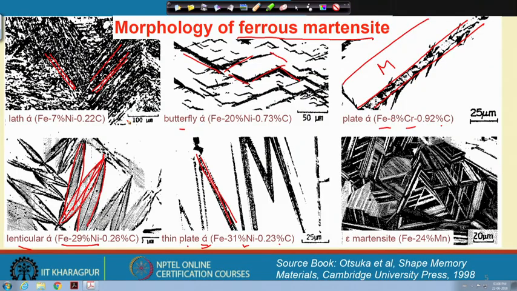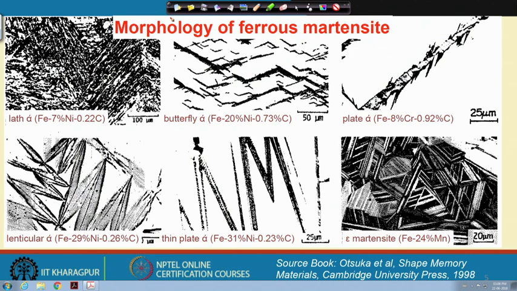So, very similarly a plate like morphology has been observed in case of epsilon martensite, which has a hexagonal close pack structure that forms in an iron manganese system. So, iron manganese is also well known for shape memory behavior as a ferrous martensite, and here usually people add some amount of silicon.